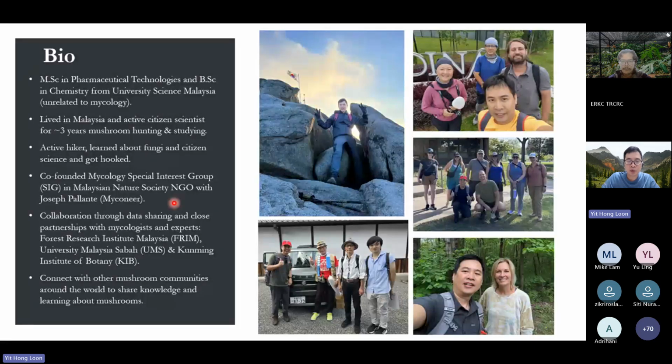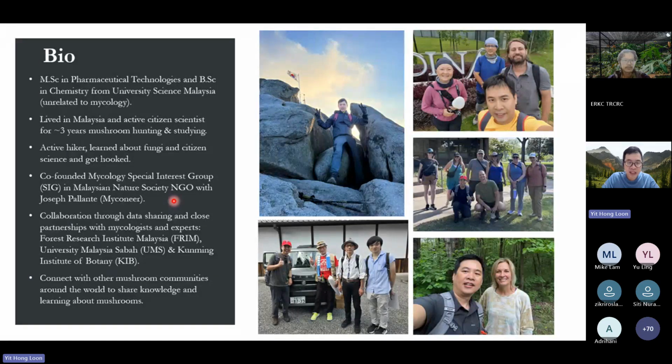But when we joined, we wondered how come there are no people studying mushrooms in the group? They have experts in birds, flora and fauna, but we discovered there was no one with expertise or interest in mushrooms.